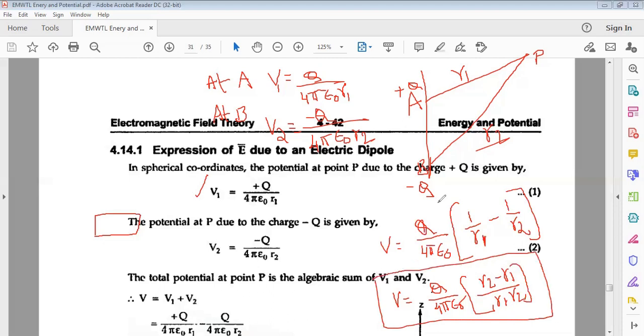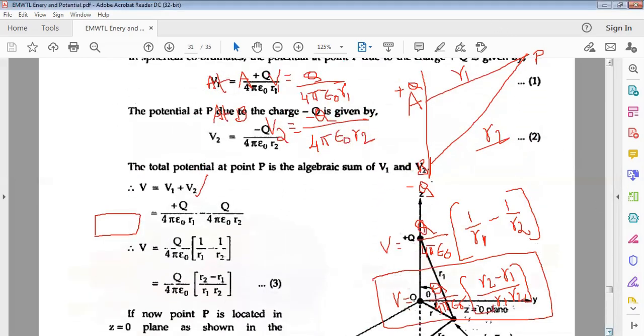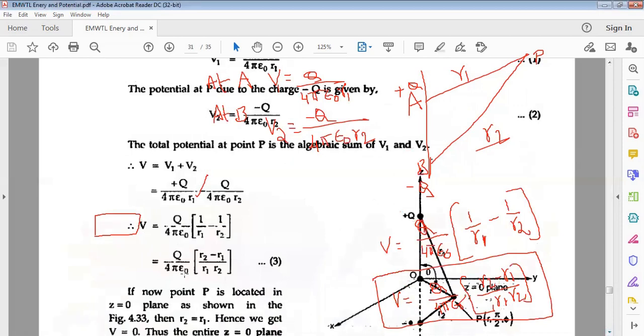We got the total potential at point P as the sum of V1 plus V2. So V is equal to Q by 4 pi epsilon naught into R2 minus R1 by R1 R2.